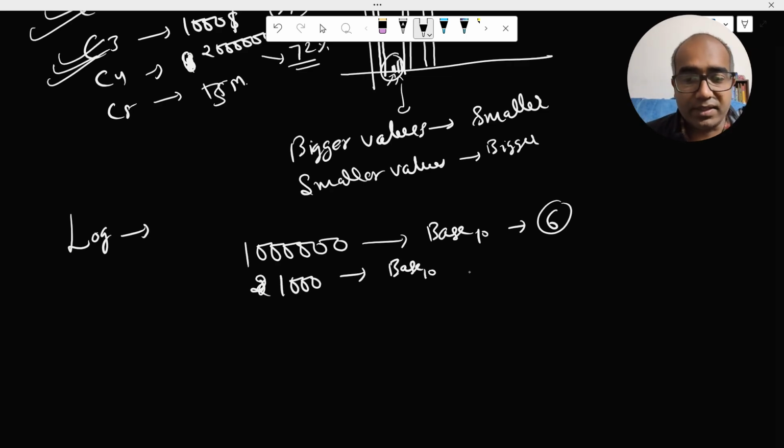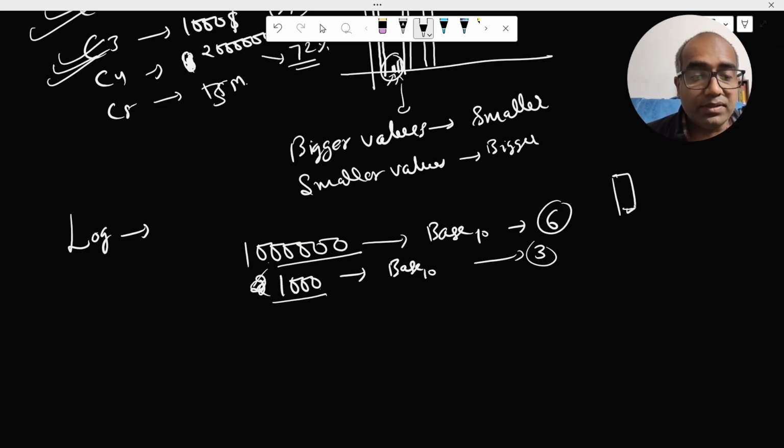We are going to understand that very soon. So we have taken 1 million on base 10, and we are taking 1000 on base 10 as well. If we take 1000 on base 10, the value will come as 3. Just count the number of zeros: 1, 2, 3. Here just count the number of zeros: 1, 2, 3, 4, 5, 6. So now this will be 3 and this will be 6, right?